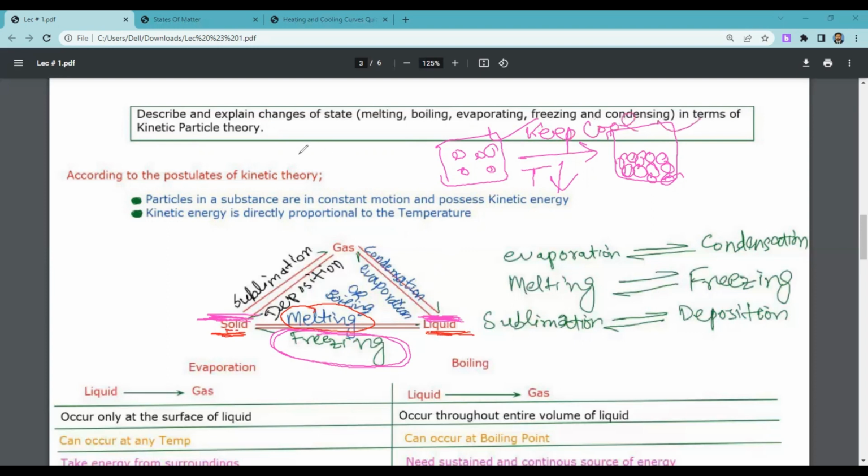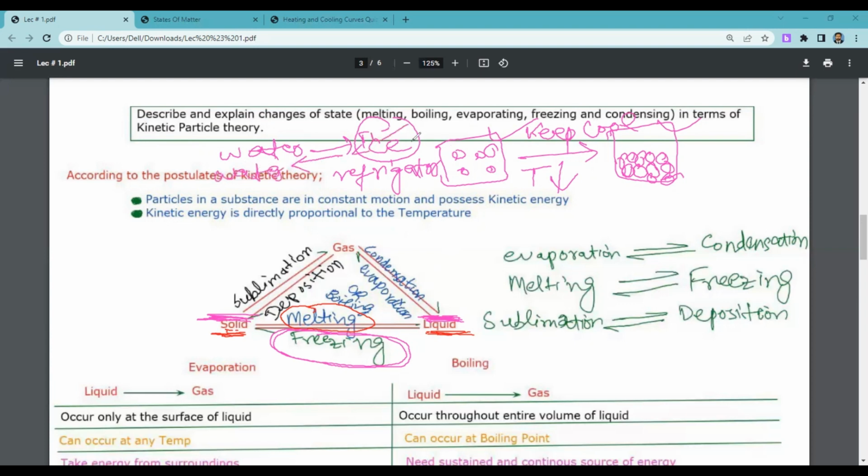We can see that water is converted into ice in a refrigerator, and ice is converted back into water.